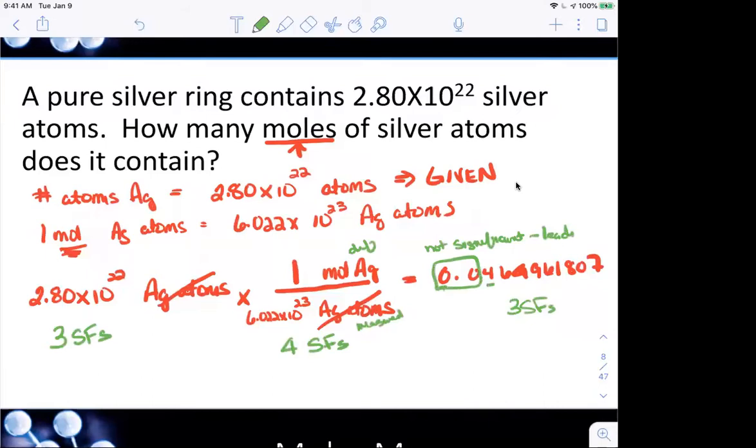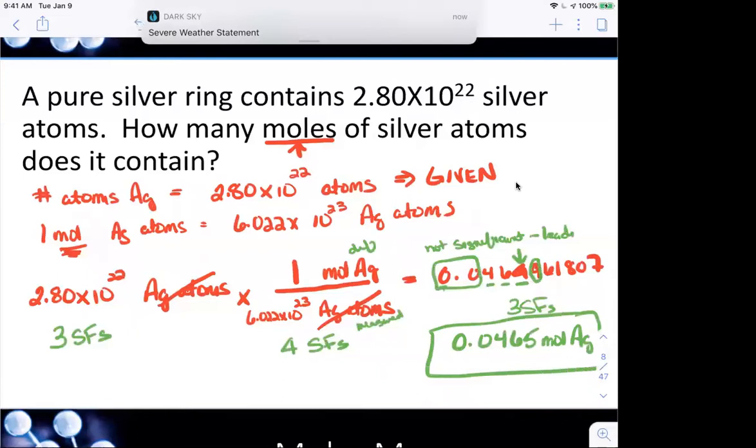So I want to report to this value. So that is 0.04694. Because this is a 9, I'm going to report 0.0465 moles of silver. And this is going to be the answer to that question.